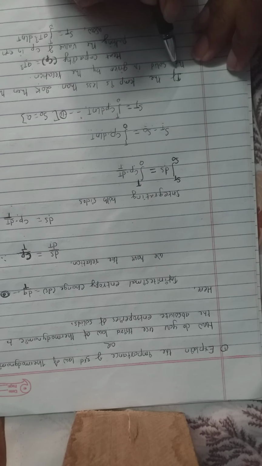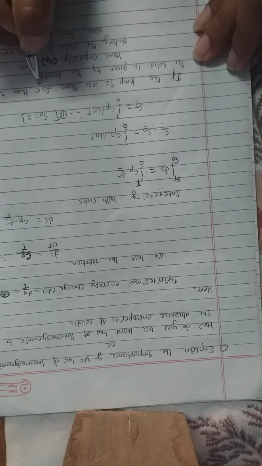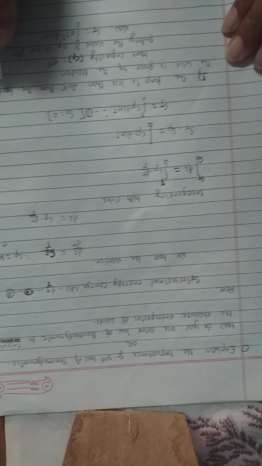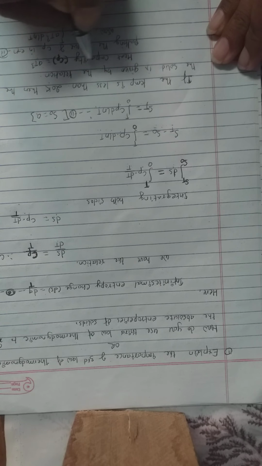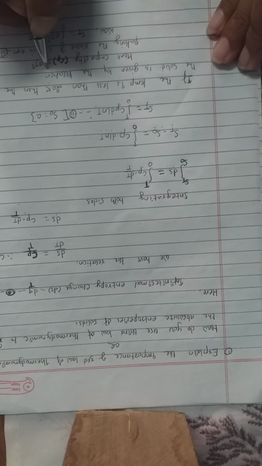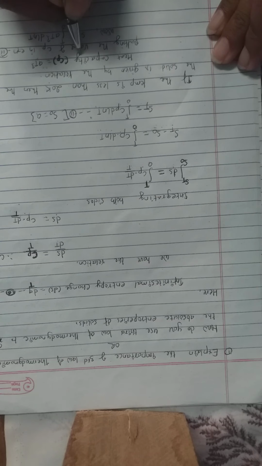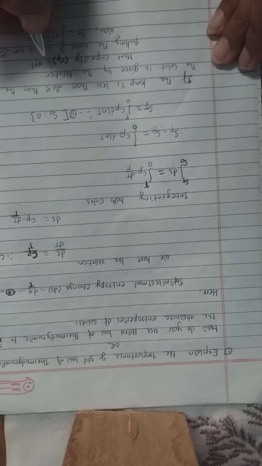If the temperature is less than 20 Kelvin, then the heat capacity of the solid is given by the relation Cp is equal to AT cube.